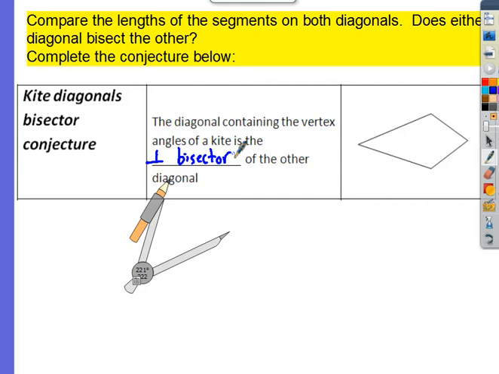So it cuts it in half. So the diagonal, we have our two diagonals. The diagonal containing the vertex angles, here and here, is the perpendicular bisector. So it both makes a perpendicular line and bisects the other diagonal. So these two, I marked them, are congruent. You can see that I marked it congruent. So pause this video and write that down and draw that picture.